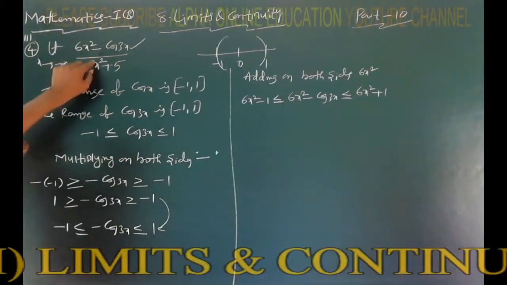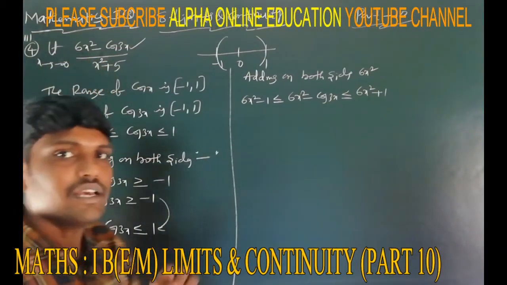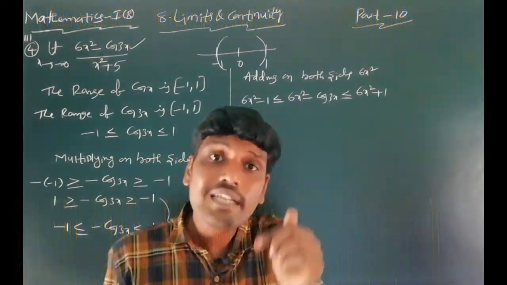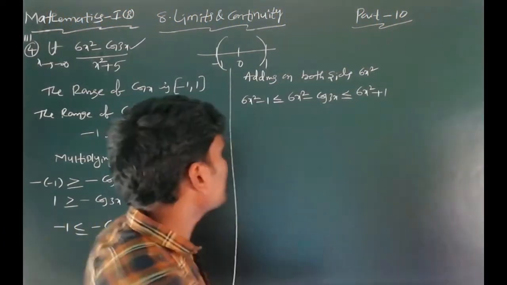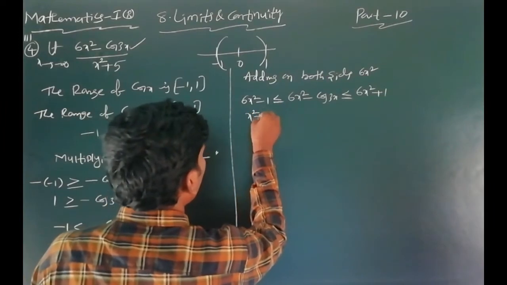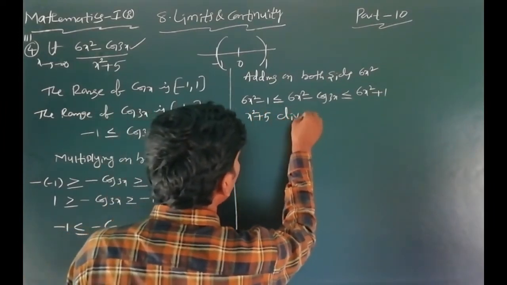One more term is there: x square plus 5, in the denominator. So we divide on both sides by x square plus 5.